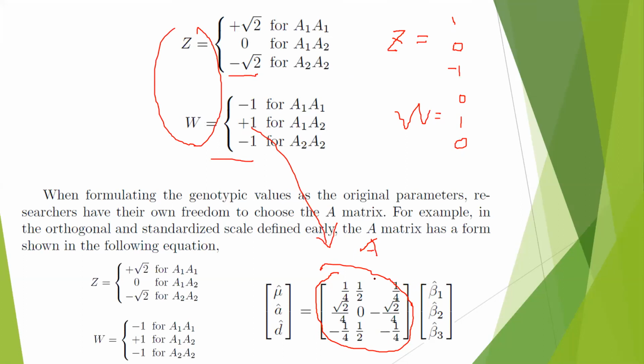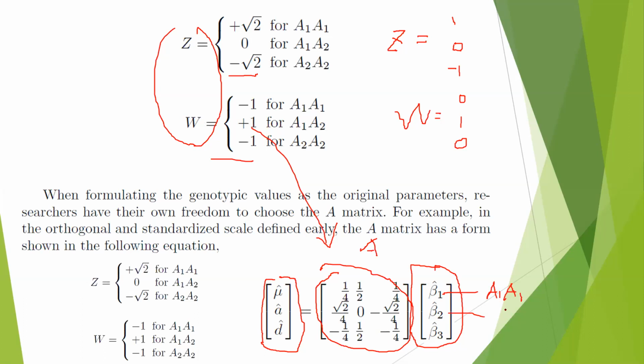So if we use the new scale, how do we calculate this A matrix that links the newly defined variables and the population group means? This represents the average genotypic value for A1A1, the first genotype.